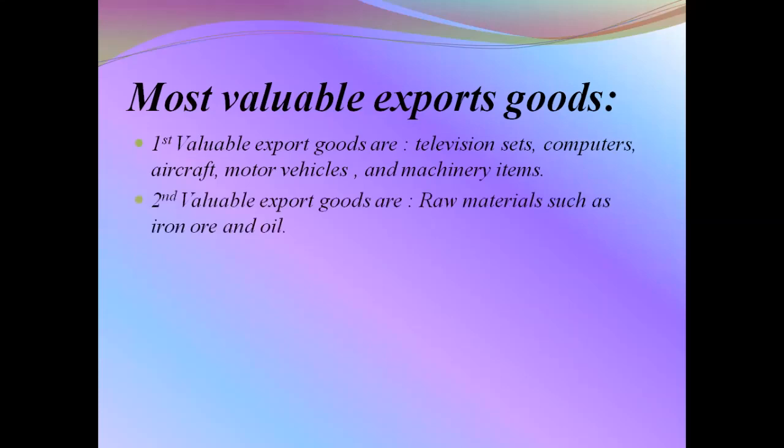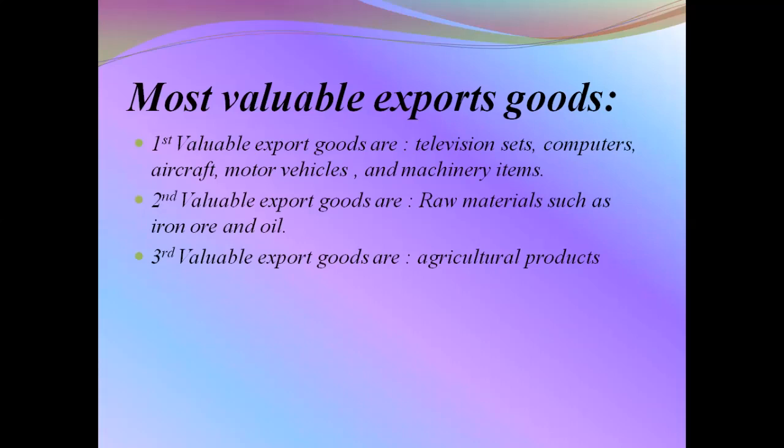Now, the second valuable export goods are raw materials such as iron ore and oil that are present in the natural form. The third valuable export goods are agricultural products. These are also the least valuable export goods, and these are sold at very low prices.